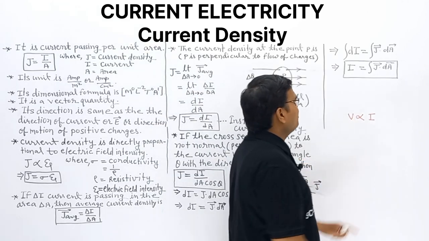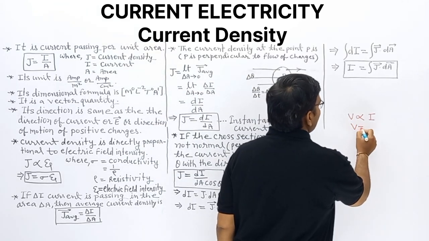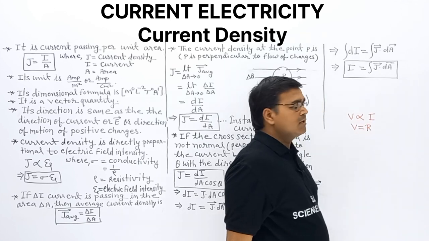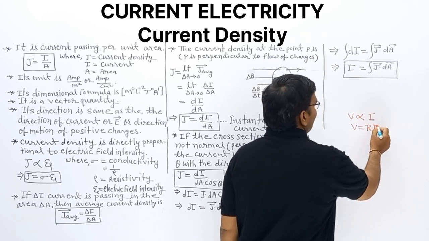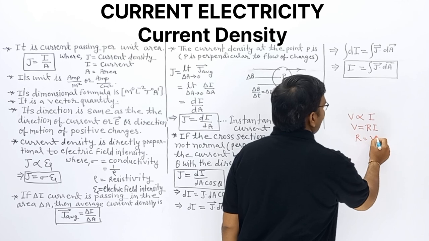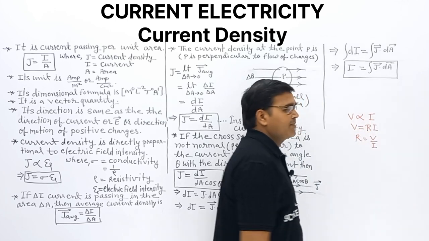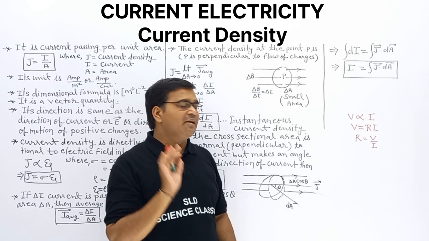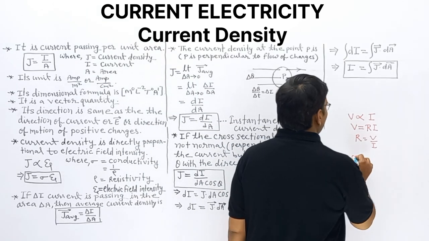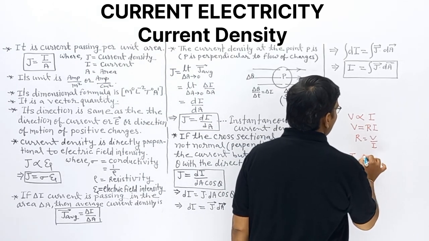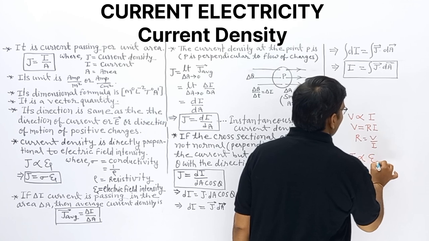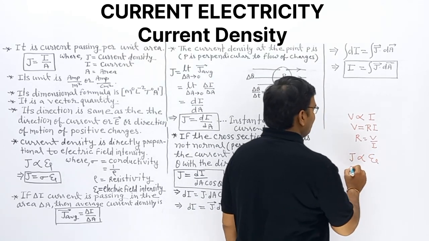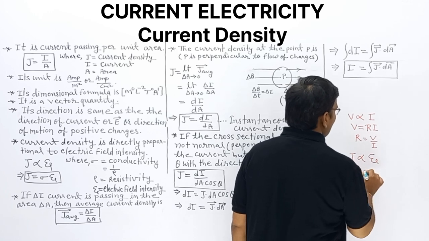Once we remove the proportionality sign, we get a proportionality constant, and that is R. So we can say R equals V upon I. This is Ohm's law. We also studied it in another way: current density is directly proportional to electric field intensity.